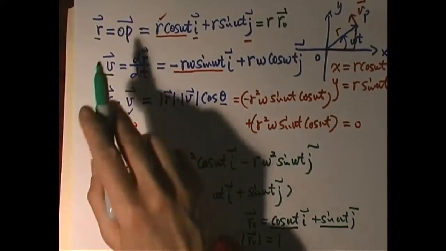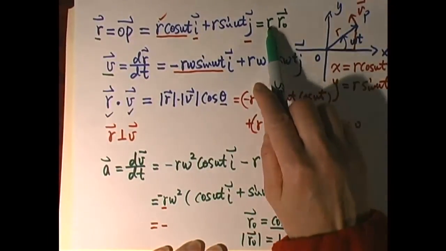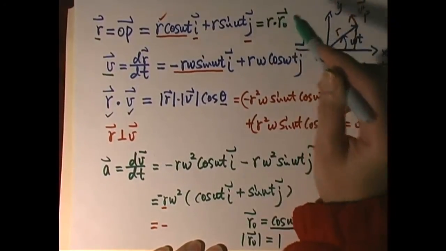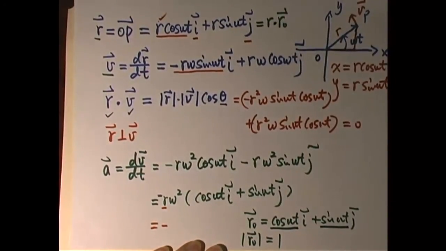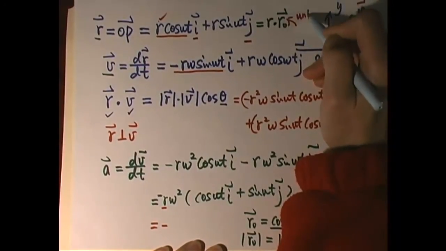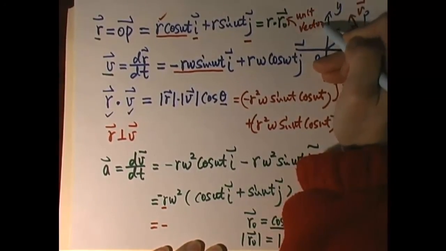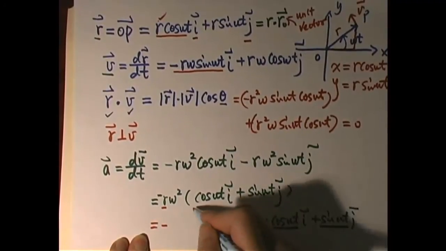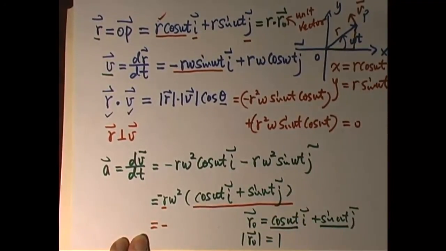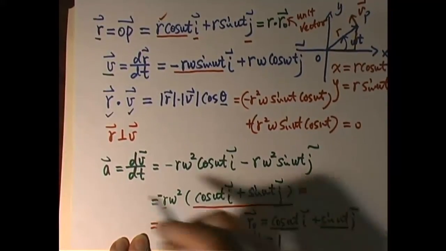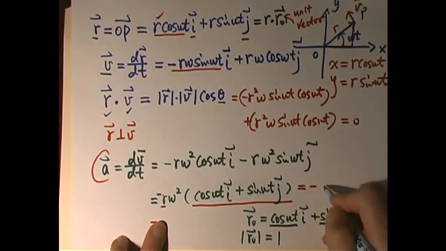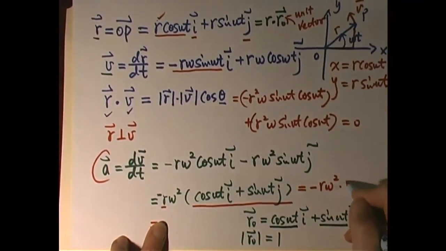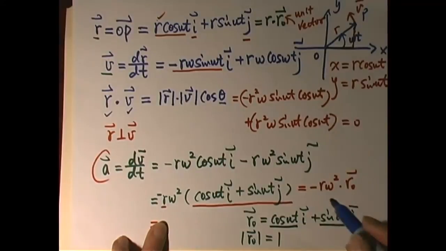So r can be expressed as its magnitude times its direction, a unit vector along the r direction. Now let's come back here. This is a unit vector because we just defined cosine omega t i plus sine omega t j. So if I rewrite this acceleration, it is negative r omega squared times r naught, the unit vector. What does that mean? Our acceleration is in the negative r direction.